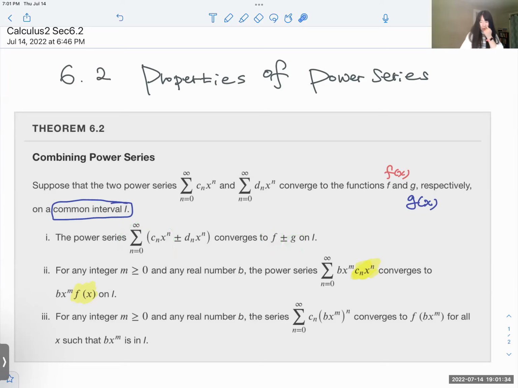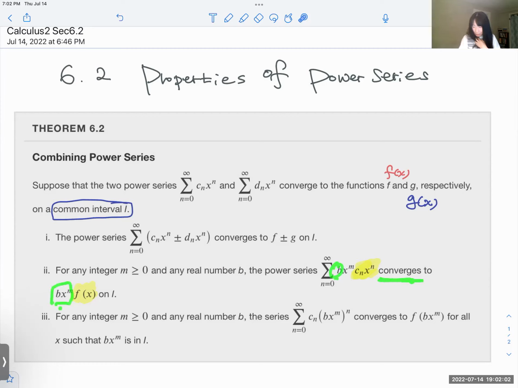Okay, all right, this one is like a composite function. So we have a and b equal to real numbers and a power series like that. So this is a power series, right? Then this one, they're just using b, a real number, times x to the m.